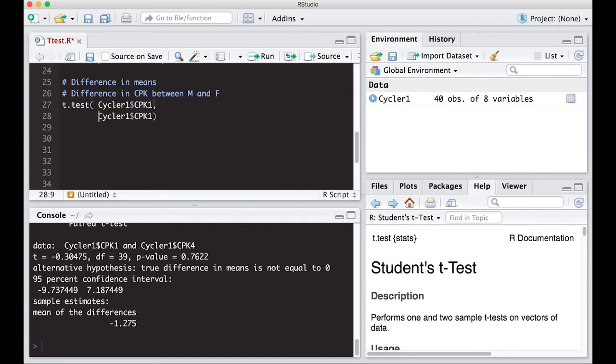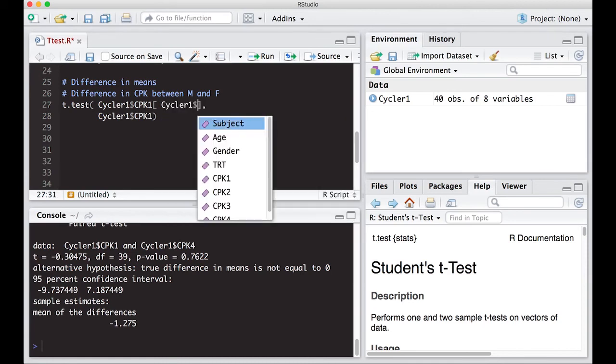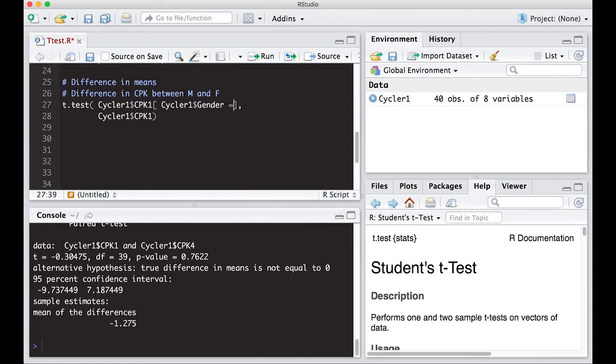I'll say I want all of them where cycler1$gender equals M for male. I can copy and paste this, because these are defining our two variables, where gender is equal to F.